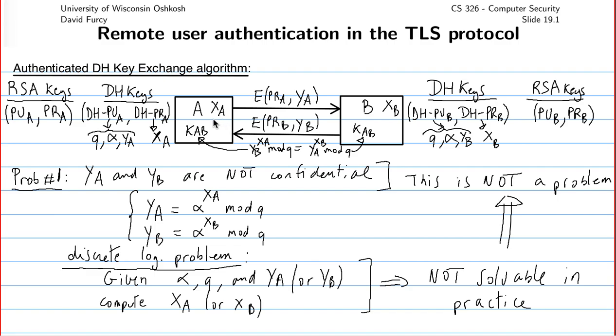And that means that even if the attacker has recorded those messages, and even if a month later they breach one of those machines, they are not able to retrieve the value of xa, say, and therefore they're not able to compute the shared private key. Because if they did, they would be able to decrypt all of the messages that followed this algorithm in the session. So this concludes our review of the authenticated ephemeral Diffie-Hellman key exchange algorithm.